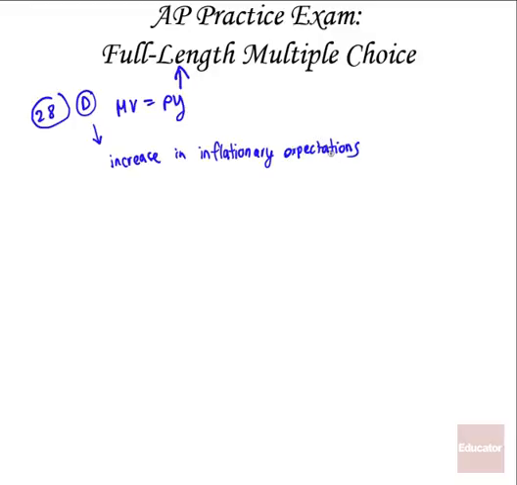Okay. Whereas A, decrease in government spending, that's going to decrease inflation. It's going to decrease or increase unemployment. Decrease in money supply, that's also going to decrease the inflation. A decrease in the velocity of money, again, that's gonna lower inflation as well.